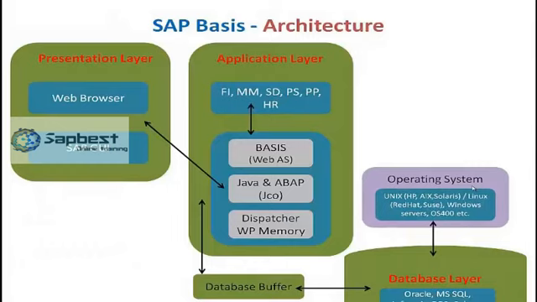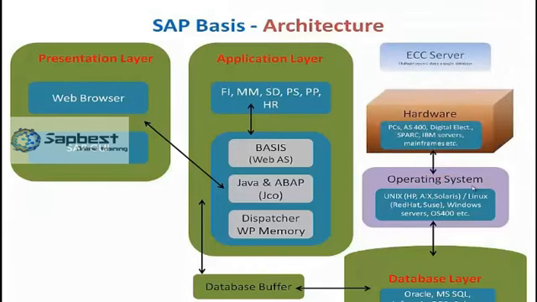The database layer runs on an operating system. The operating system can be OS/400, Unix, Windows, or Linux. The hardware can be either AS400, PCs, SPARC systems, IBM systems, etc.